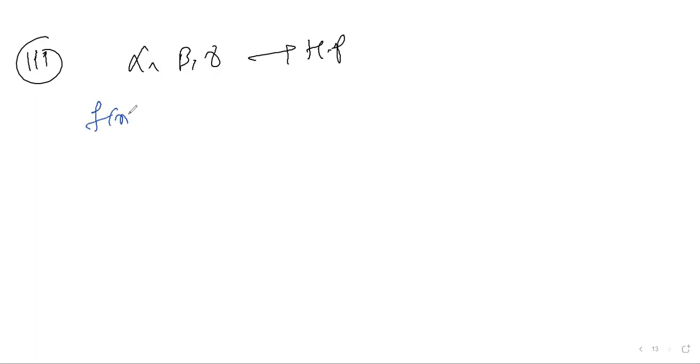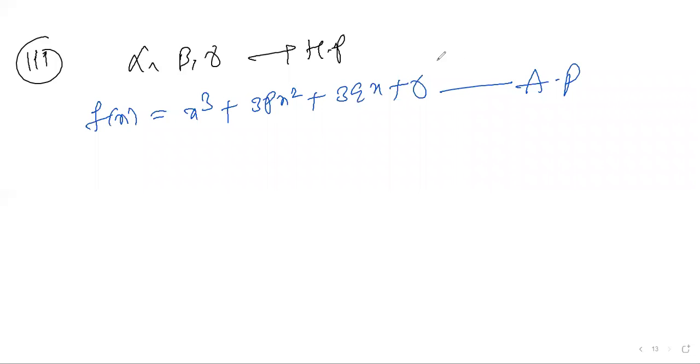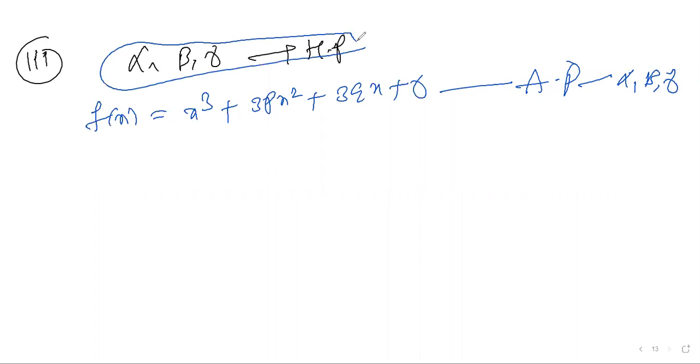I'll take f of x as the equation: x cube plus 3p x square plus 3qx plus R equals 0. This is f of x, which is in AP, with roots alpha, beta, gamma. If I want to do this question in HP, what do I have to do?